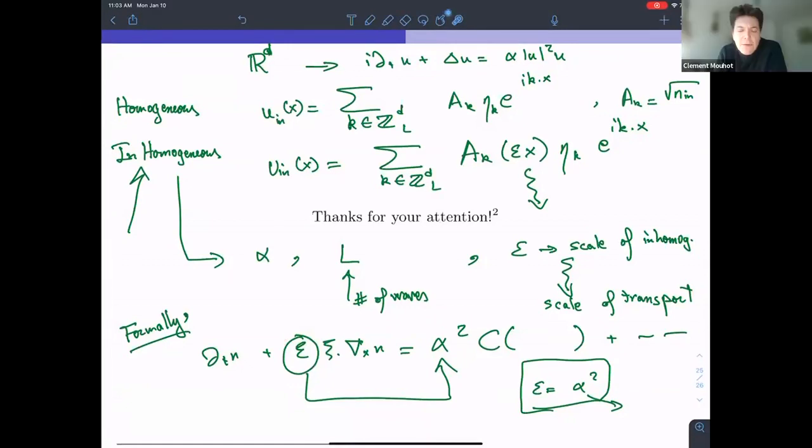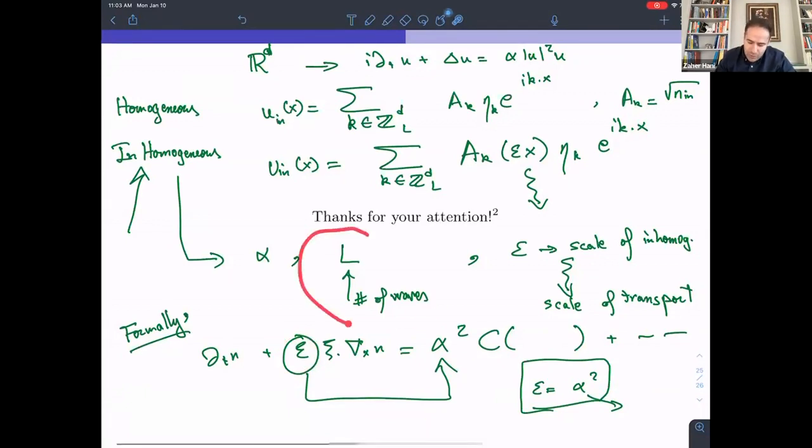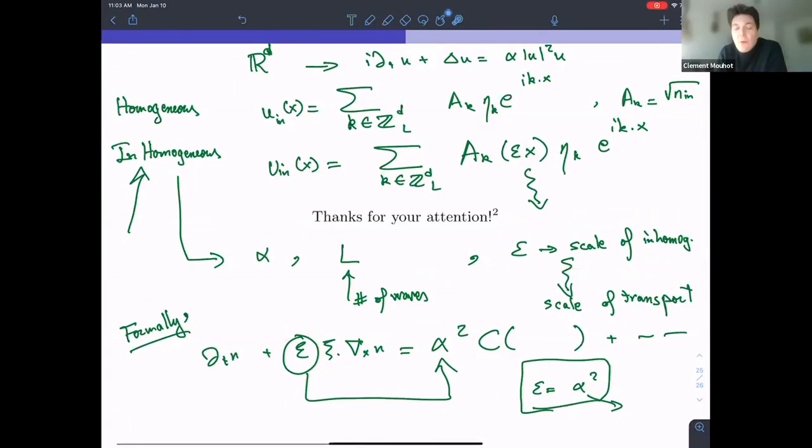But hang on, in your scaling, alpha and L were related, no, in the scaling of your main theorem? Yes, but this epsilon is a bit different than L. L in the homogeneous setting is the number of waves. Now in the inhomogeneous setting, you still have a number of waves, but you have an extra parameter for the scale of the inhomogeneity.